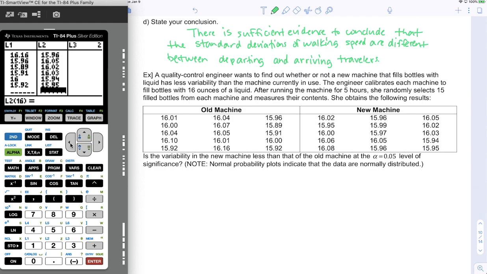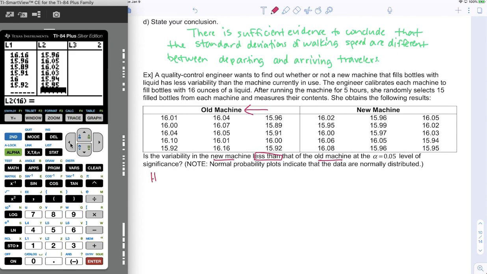So this one's not listed for us step by step, so let's go ahead and write our hypotheses. One thing I noticed when I was doing this is that they're kind of in reverse order. It says, is the variability in the new machine less than that of the old machine? The old machine is listed first, so I'm going to use subscripts in my hypotheses because I don't want to get this confused.